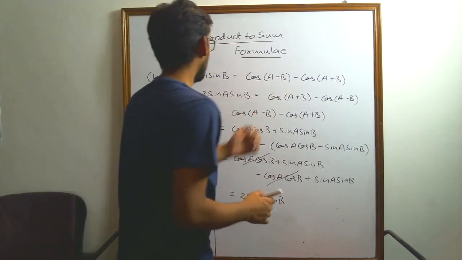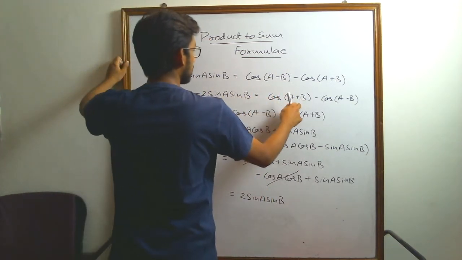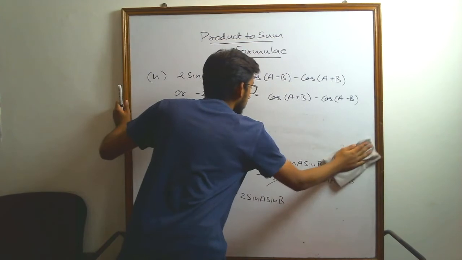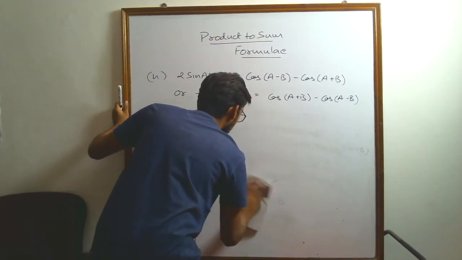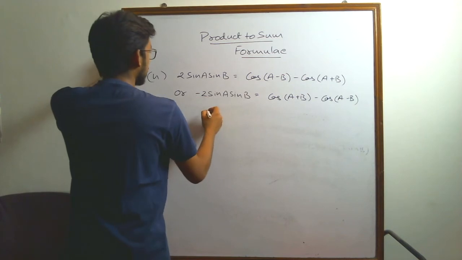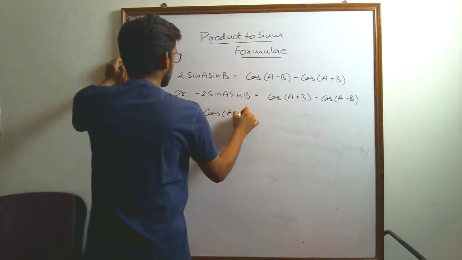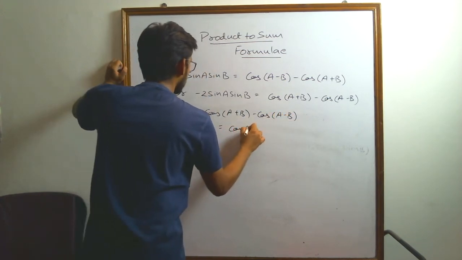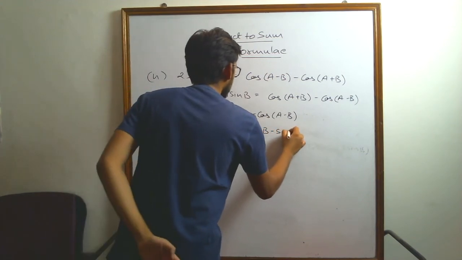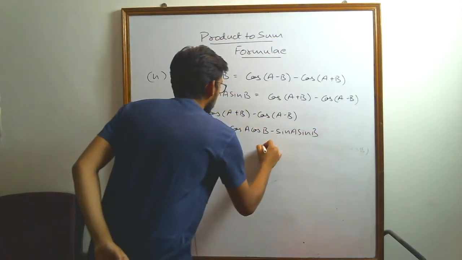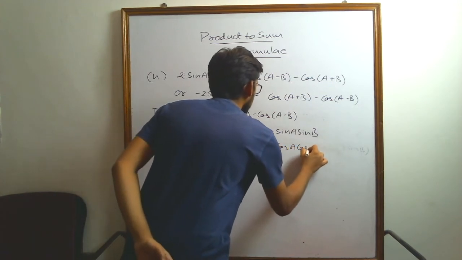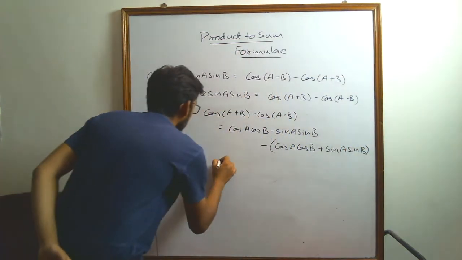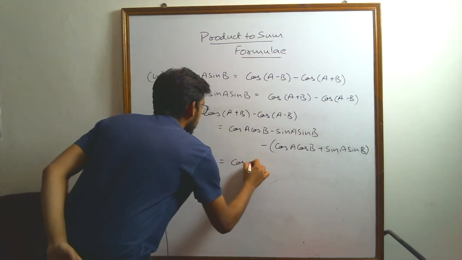Okay, let's look at the second form, that is minus 2 sine A sine B is equal to cos A plus B minus cos A minus B. So if I write cos A plus B minus cos A minus B, let's open that and we'll get minus 2 sine A sine B. So cos A plus B minus cos A minus B is equal to cos A cos B minus sine A sine B minus of cos A cos B plus sine A sine B. Open the bracket.